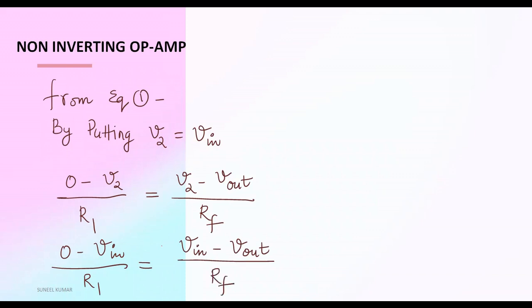Now we are simplifying it: minus V input into RF is equal to V input into R1 minus V output into R1. We want to get an expression for V output.